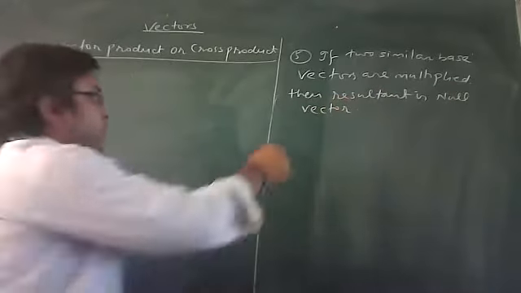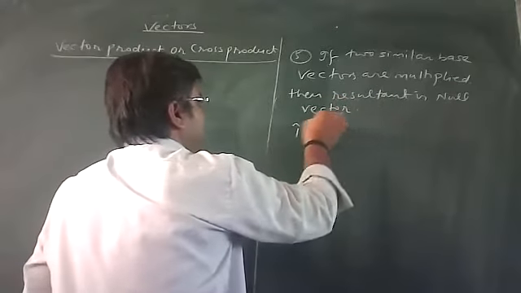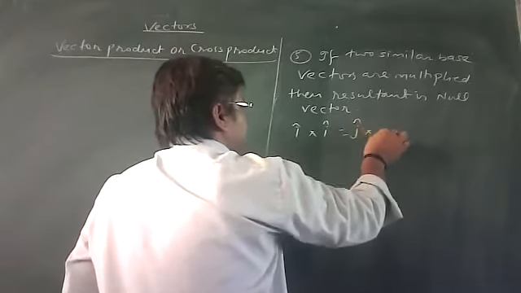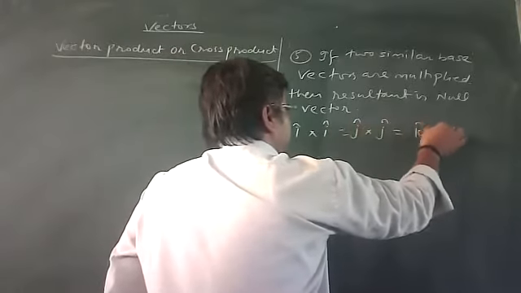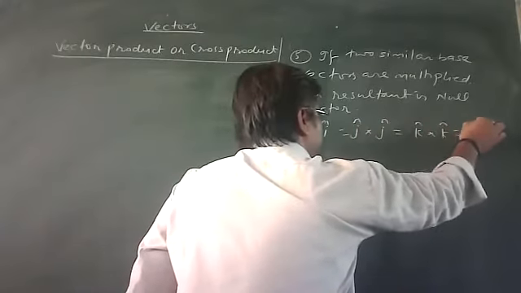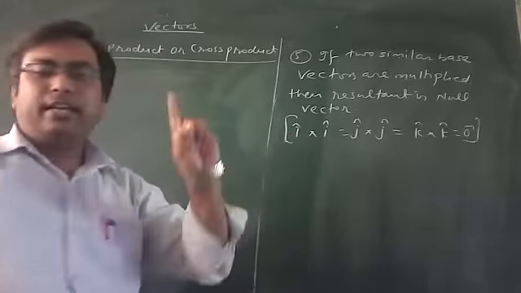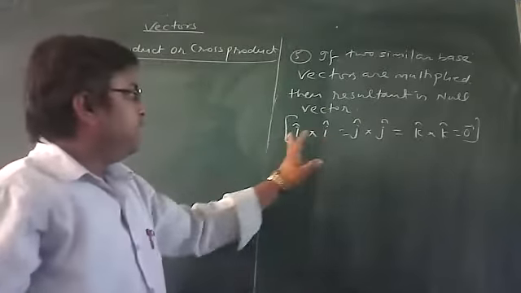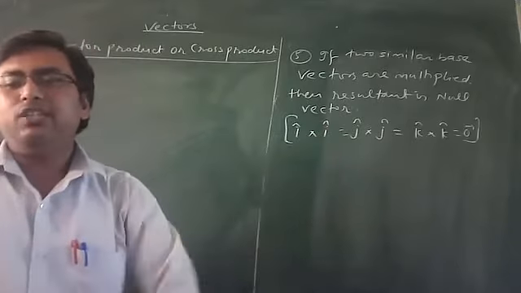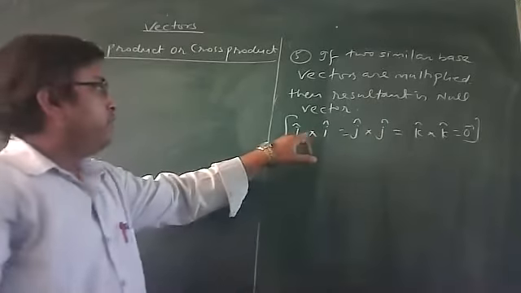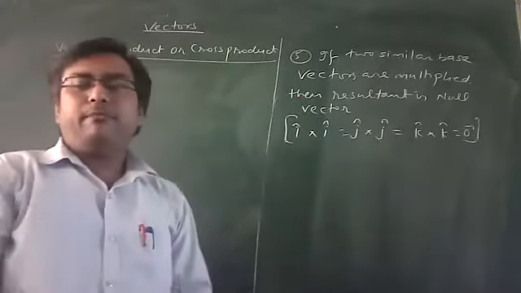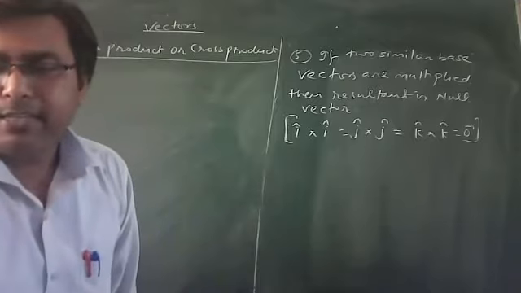Means to say, if I am multiplying I cross I, or J cross J, or K cross K, I will get 0. I will obtain a null vector. Why? The magnitude of each vector is 1, and the angle between similar base vectors will be 0, and sine 0 will give you 0. That's why when similar base vectors are multiplied, you will get a null vector.